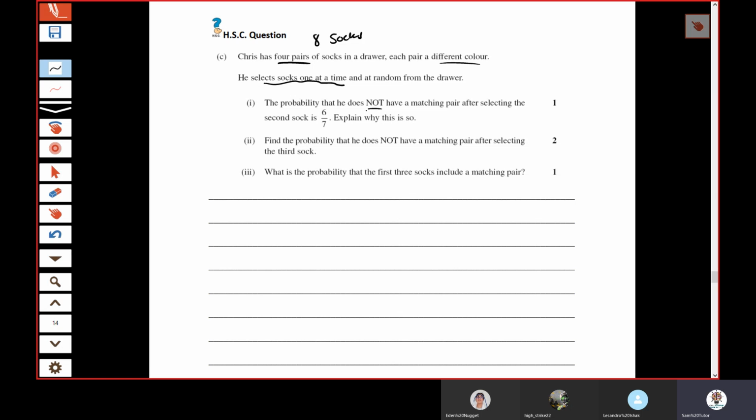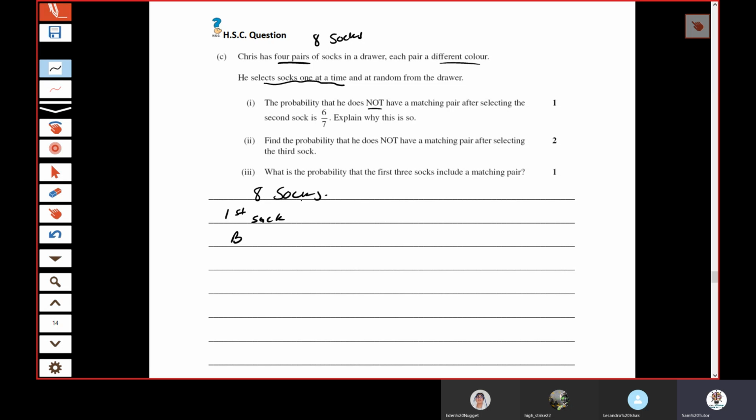The probability that he does not have a matching pair after selecting the second sock is 6 out of 7. So there's 8 socks, and there's 4 different colors, let's say. First sock, let's call it blue.